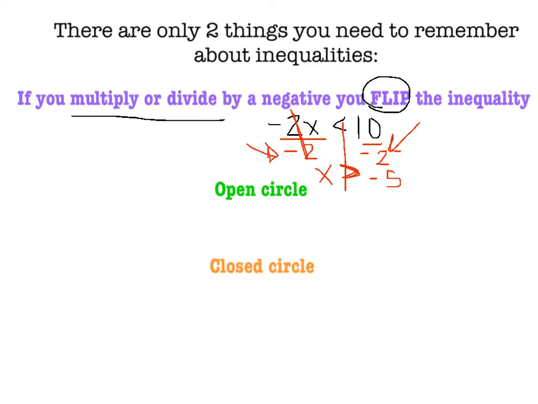Now, if you see a symbol like less than or greater than, when you go to put this on the number line, you're going to use an open circle. So in my example up here, x is greater than negative 5. I'm going to draw my number line. I definitely want to put my number on it, negative 5. I'm going to pick a number bigger, so 0 would be bigger. I'm going to pick a number smaller, negative 10 would be smaller.